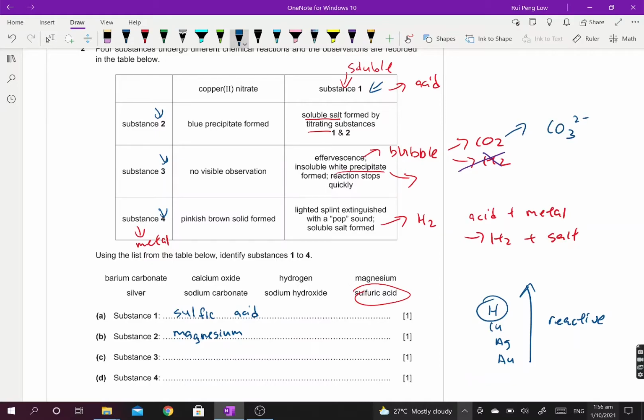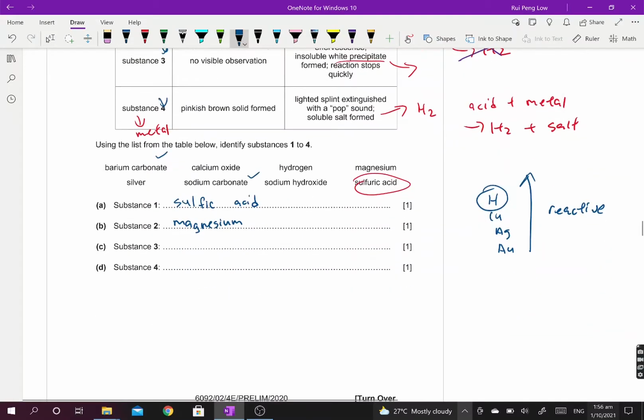So let's see, we have sodium carbonate and barium carbonate. Now the key word is that a white precipitate will be formed. So my answer, I'll give you the answer, the answer will be barium carbonate.